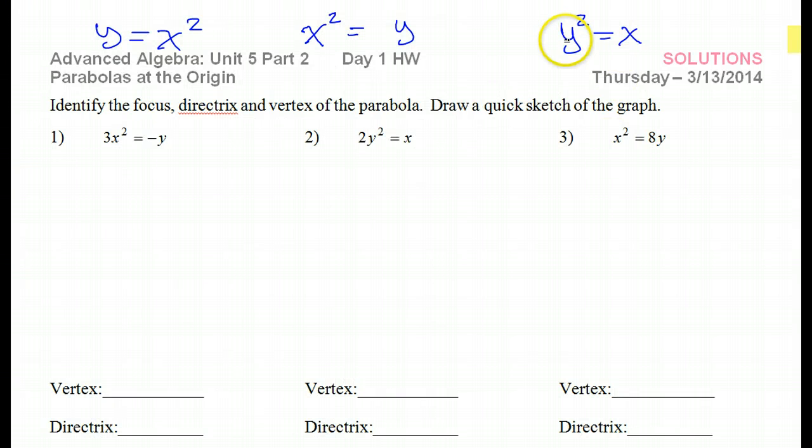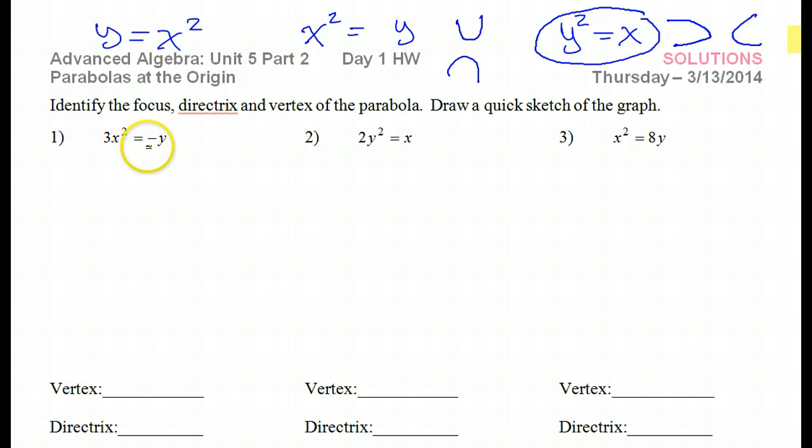But if you saw y squared, how would you even put this in the calculator? If you see something weird like this, that means it's sideways. It's either leftward facing or rightward facing. Okay, so that's the first thing you have to do as you look at these equations: decide, is it going to be up, down, left, or right?